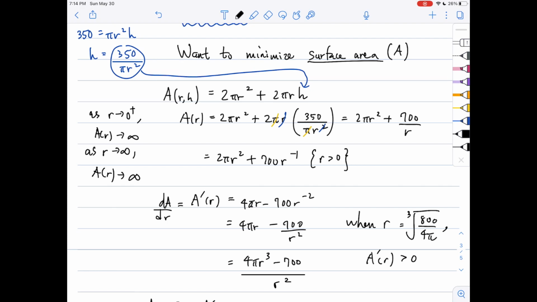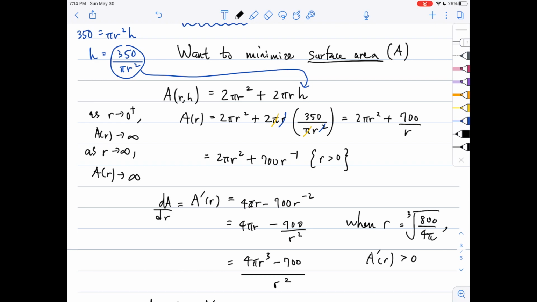So even though we don't have endpoints, we can still do an end behavior analysis. And the end behavior analysis seems to suggest that the surface area is going off to infinity. If you try and picture a cylinder with a really thin radius, with a fixed volume of 350 milliliters, the height's going to compensate so that the volume remains fixed, and the surface area is going to be extremely huge on either end.